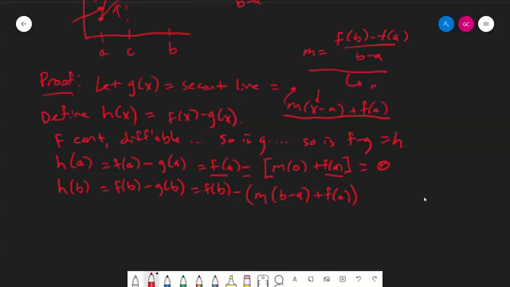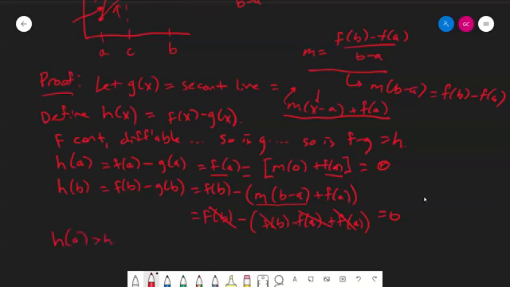So that means that m times b minus a is actually f of b minus f of a. So I have f of b minus f of a, that was what this first part became, plus f of a. So I have a minus f of a plus f of a, which cancel, and then an f of b minus f of b, which cancel, so that's 0. So h of a and h of b are both, in fact, 0.